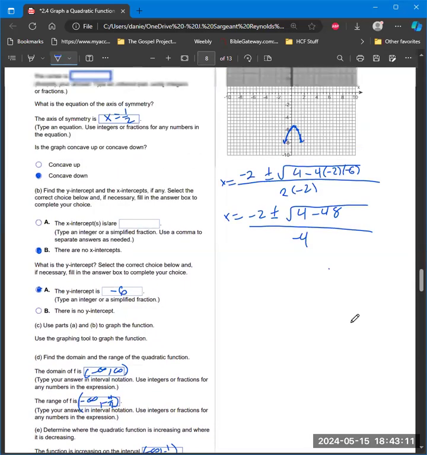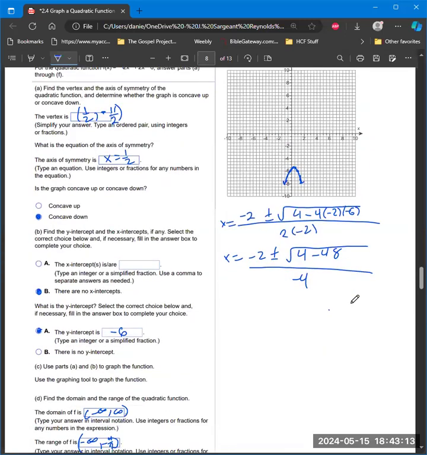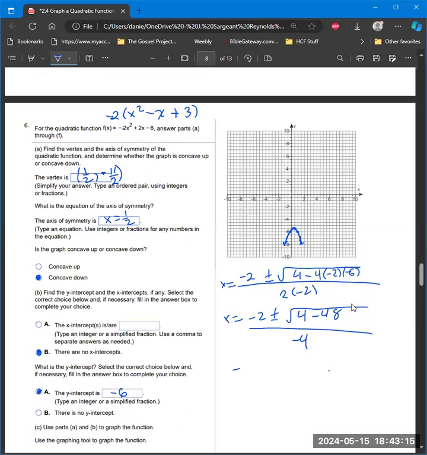So let's show you how to complete the square for this problem. -2x squared plus 2x minus 6. I'll factor the -2 out of this part: minus 1x, leave that -6 over there.